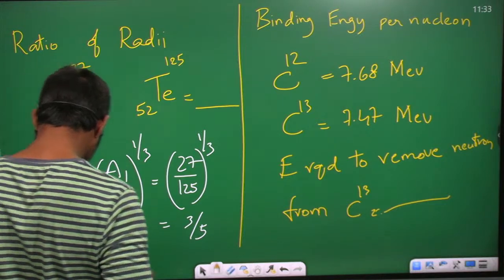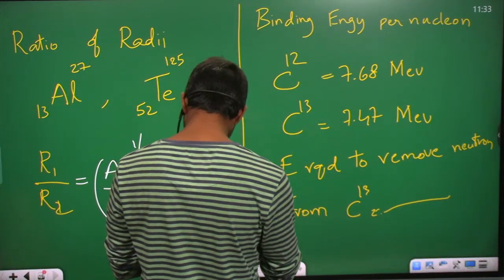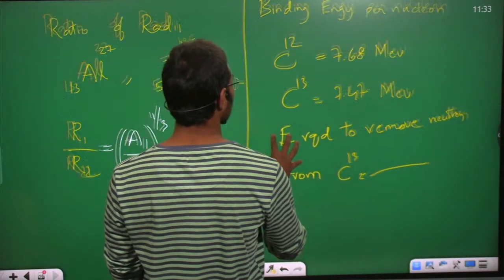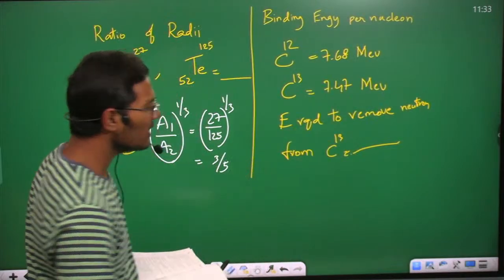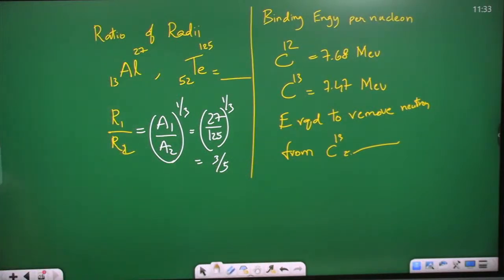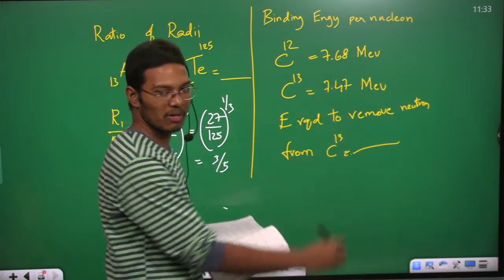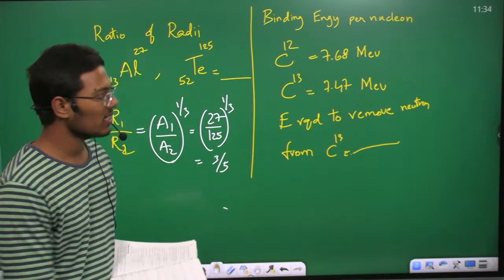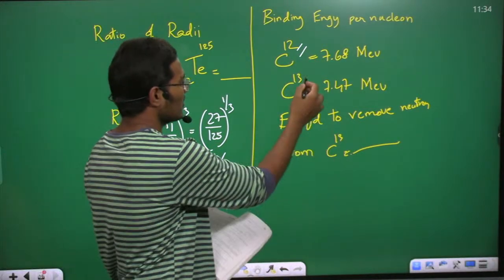How about this second one? See, first you try to calculate the total binding energy for carbon 12. You don't need to study modern physics to solve that question. Per nucleon it is 7.68, and for the other it is 7.47. There are 12 nucleons here and 13 nucleons here.